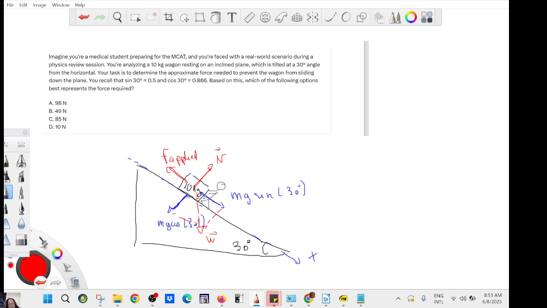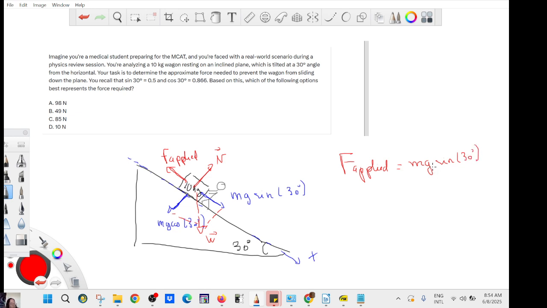And to make sure it doesn't move, the force applied has to be equal to mg sine. So the force applied in that case will be equal to mg sine 30 degrees.